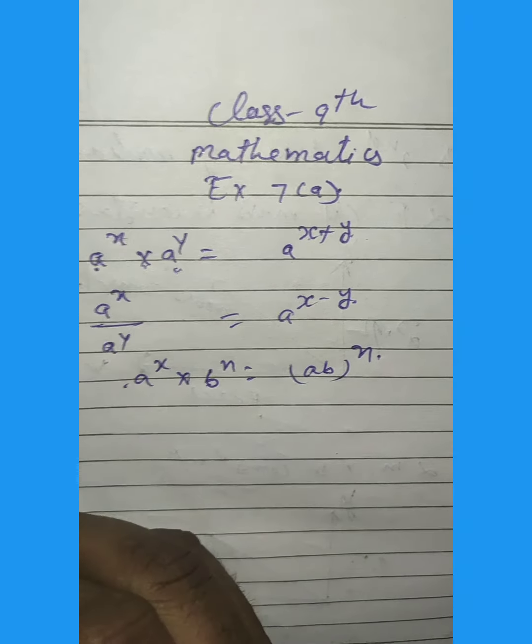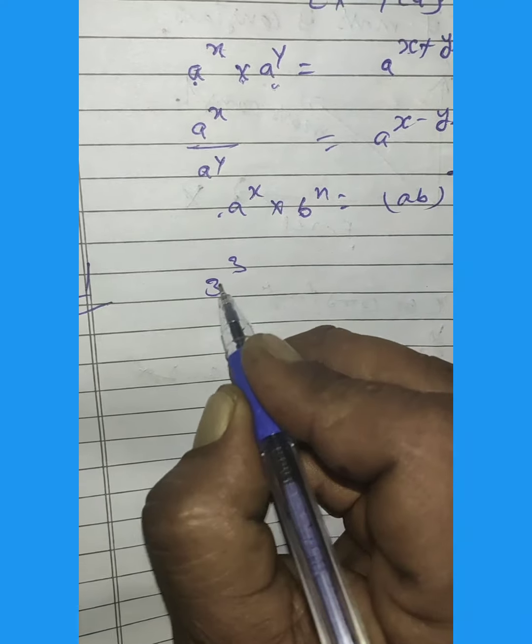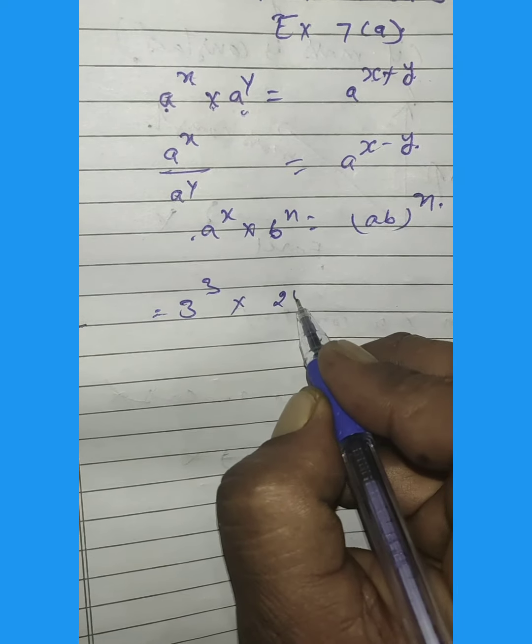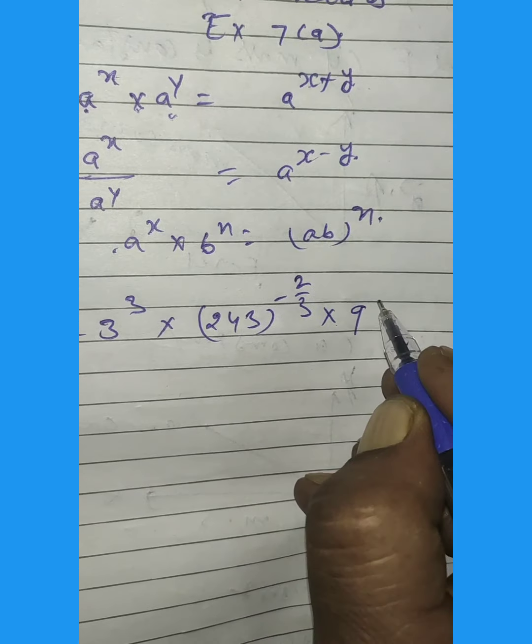Now question number 1. 3 raised to power 3 into 243 raised to minus 2 over 3 into 9 raised to minus 1.